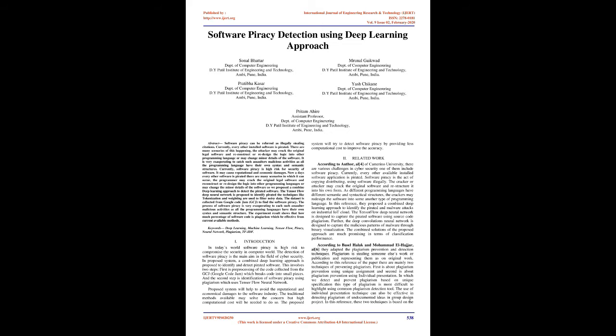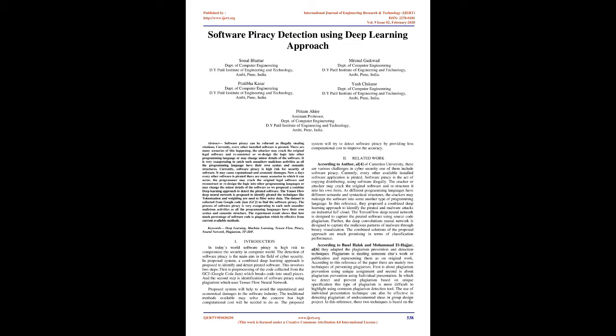According to Basil Halak and Mohammed El Hayyar, they adapted plagiarism prevention and detection techniques. Plagiarism is stealing someone else's work or publication and representing it as original work. According to this reference, there are mainly two techniques of preventing plagiarism.